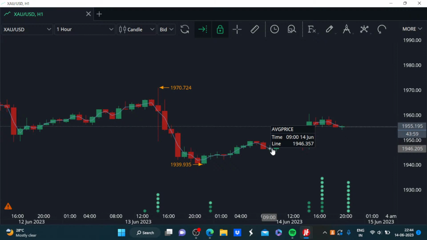So we will have to be mindful and plan our trades accordingly, while keeping in mind the possibility of multiple false signals which can be generated by these average price signals also. So I would suggest that you try it out, see how it works out for you, carry out observation over a long period of time, and you will be in a better position to come up with a system, a setup which will help you in optimizing your entry and exit points.